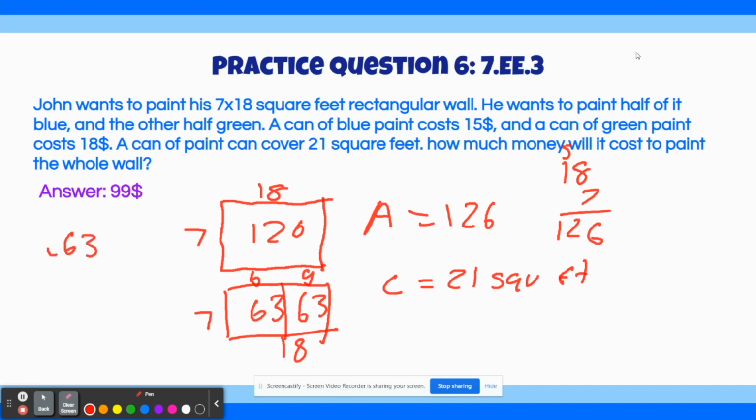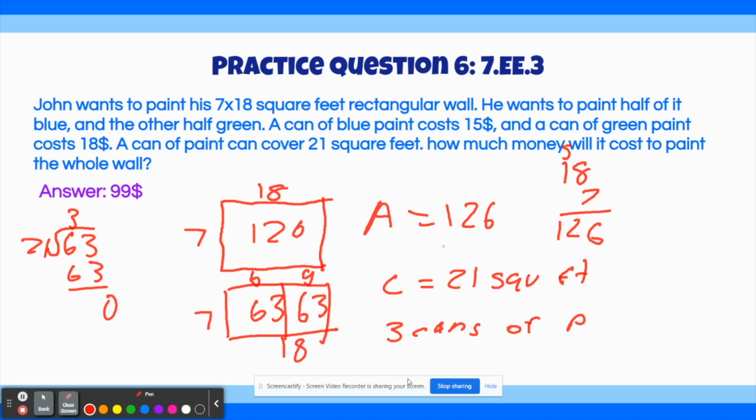We're just finding out how many cans of paint go into 63 square feet. And we're just going to get 3. 3 times 21 is going to be 63, and we have a remainder of 0. So that means to cover each half of the wall, we need 3 cans of paint. So that means we need 3 cans of blue paint and 3 cans of green paint.